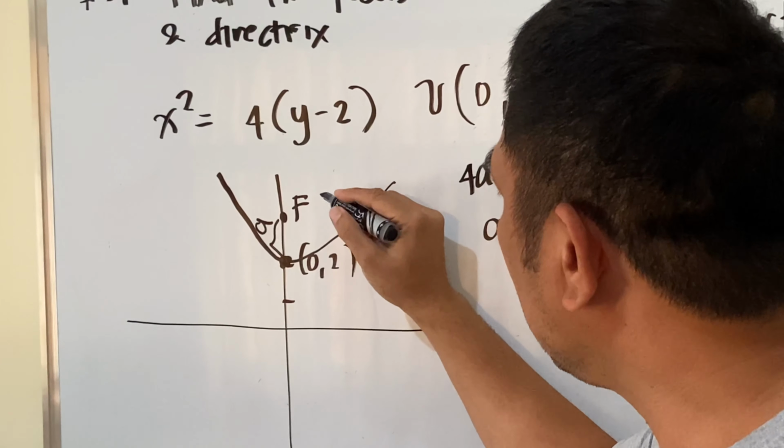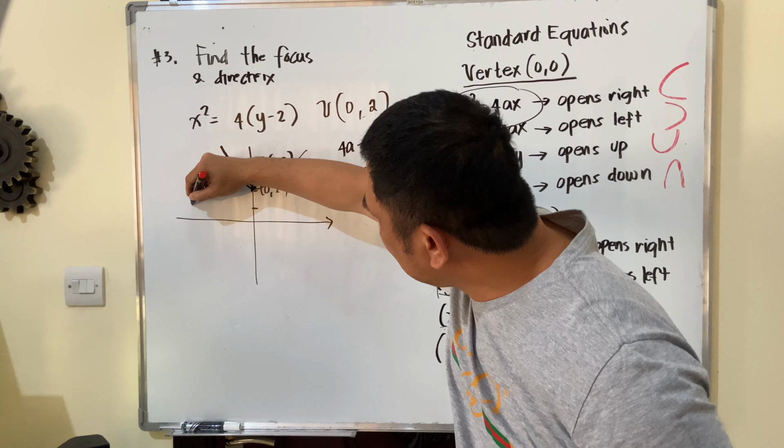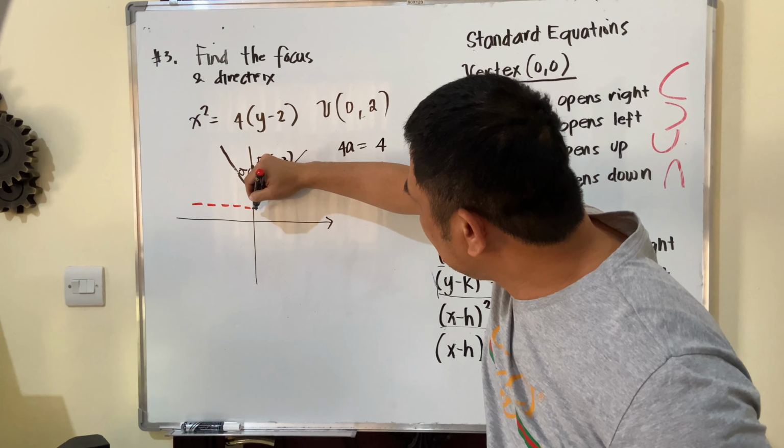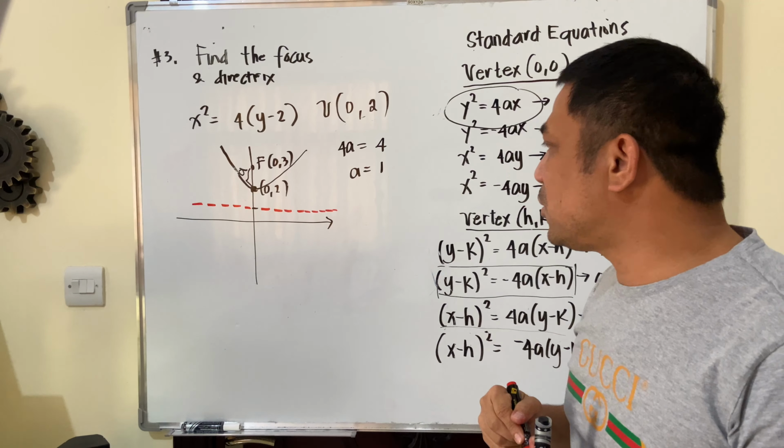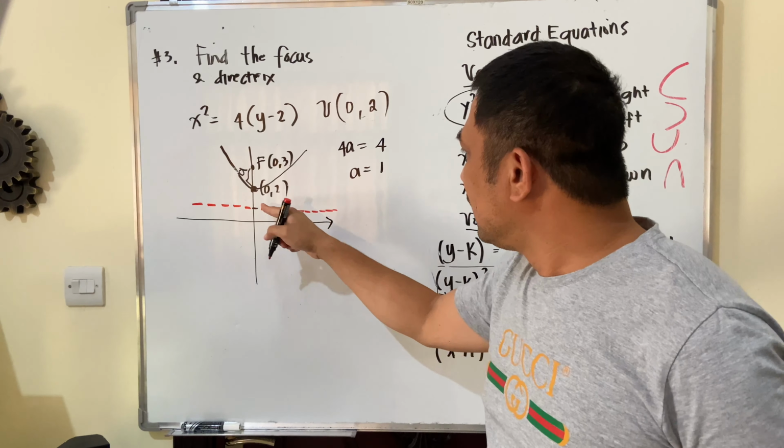From your vertex to your directrix is also 1, so your directrix is like this. 2 minus 1 is 1, so your directrix is y = 1, or y - 1 = 0. So the focus will be at (0, 3), and the equation of your directrix is y - 1 = 0.